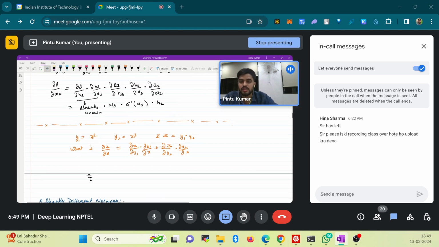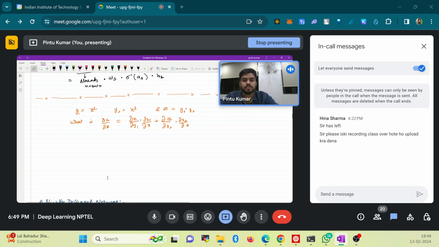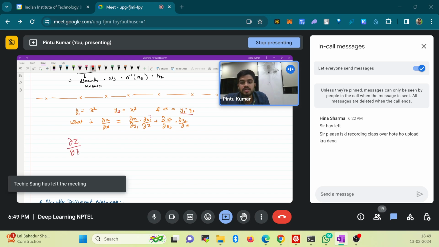Before going there, this you might have done in the course itself, but I will just try to repeat because this is a good motivation. Let's say your y1 is given to be x square, and y2 is given to be x cube, and z is given to be y1 into y2, and somebody asks you to find del z by del x. How do you go about it?